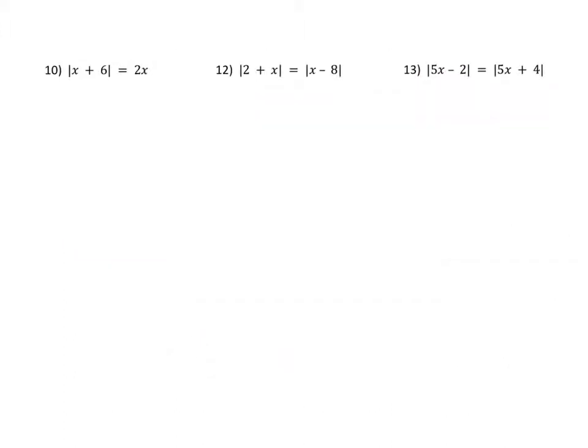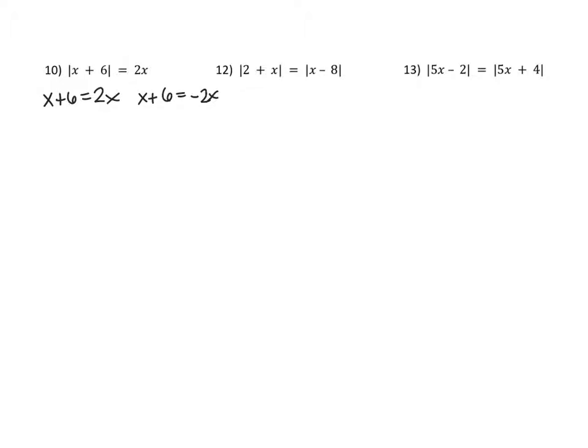Okay, for this one, we're still going to start by writing two related linear equations. So we are going to have x plus 6 is equal to 2x, and x plus 6 is equal to negative 2x. So to finish these problems, you want to make sure you isolate the variables.